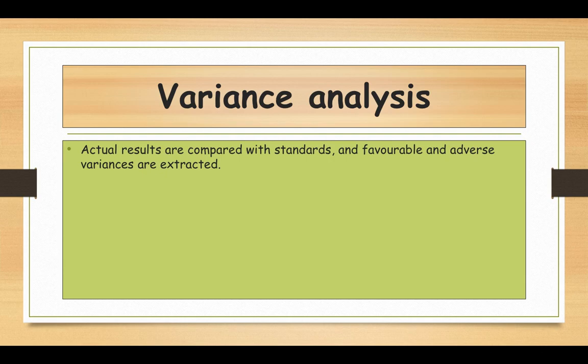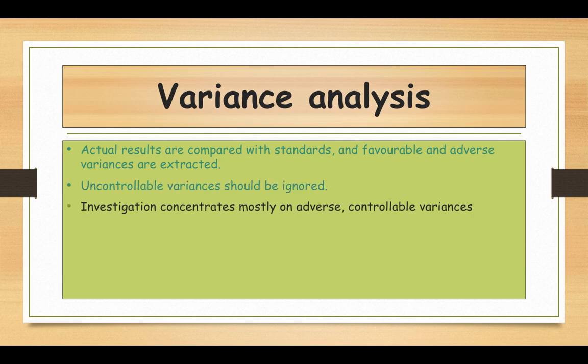And if our actual costs are less than the standard cost, we will end up with a favorable variance. We have to ignore the uncontrollable variances which are beyond the control of the managers. For example, a general price increase in the market, which is beyond the control of the manager, has to be ignored.